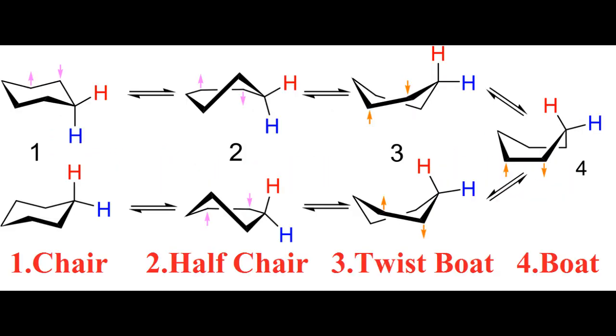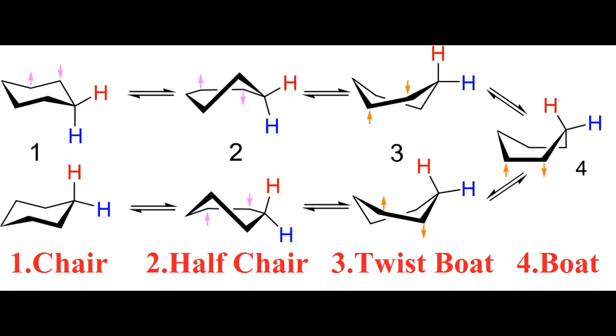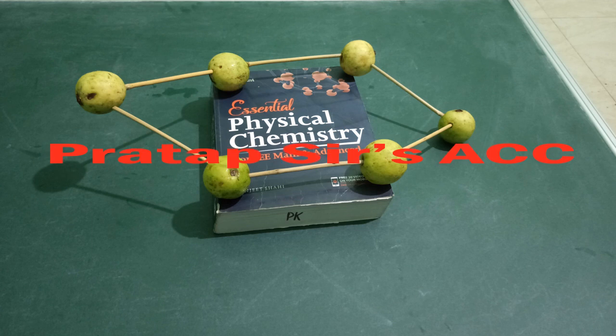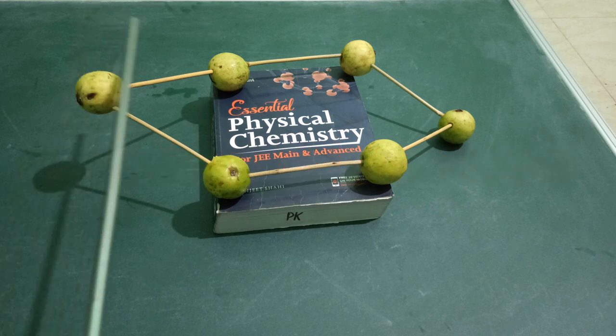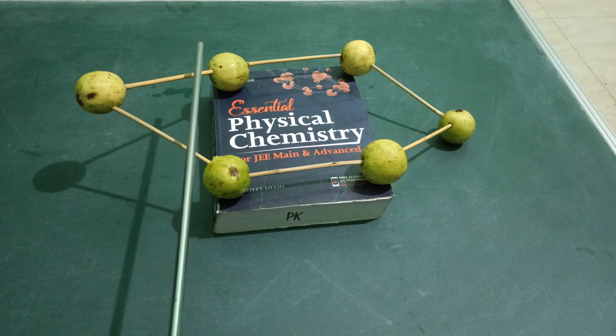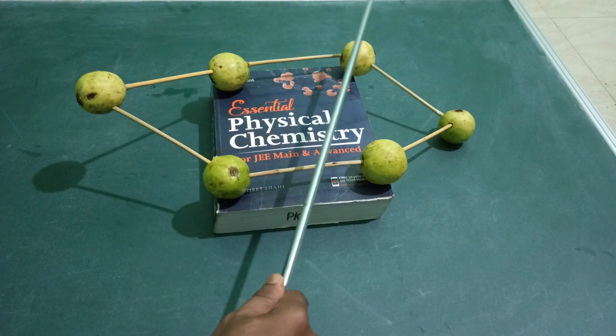This chair flip passes through three other conformations. The full transition from one chair form to another occurs like this. Let us now see how the cyclohexane in its chair form passes on to other conformations.